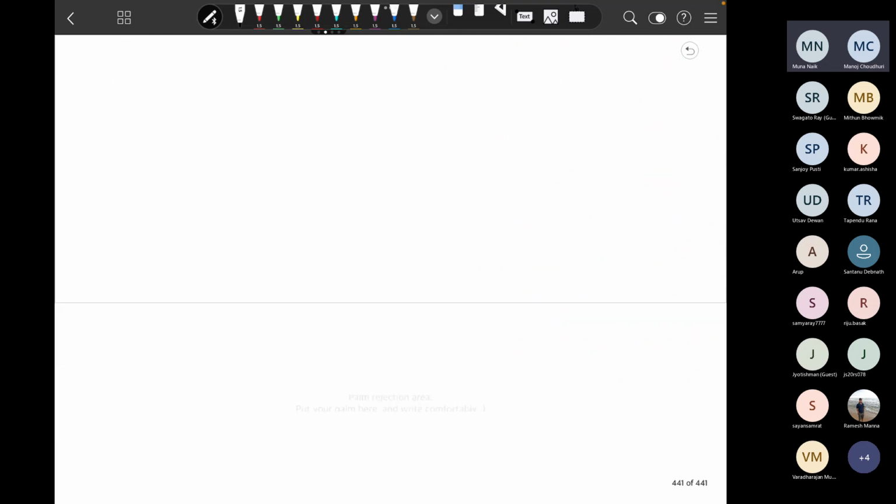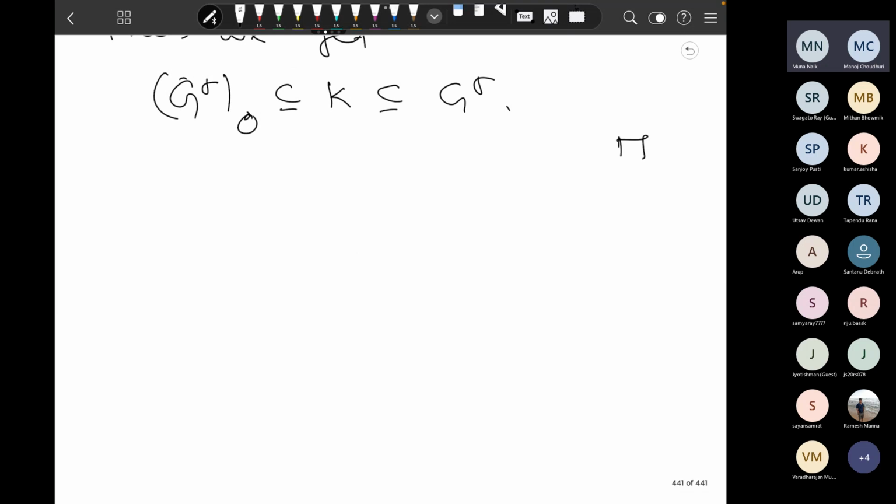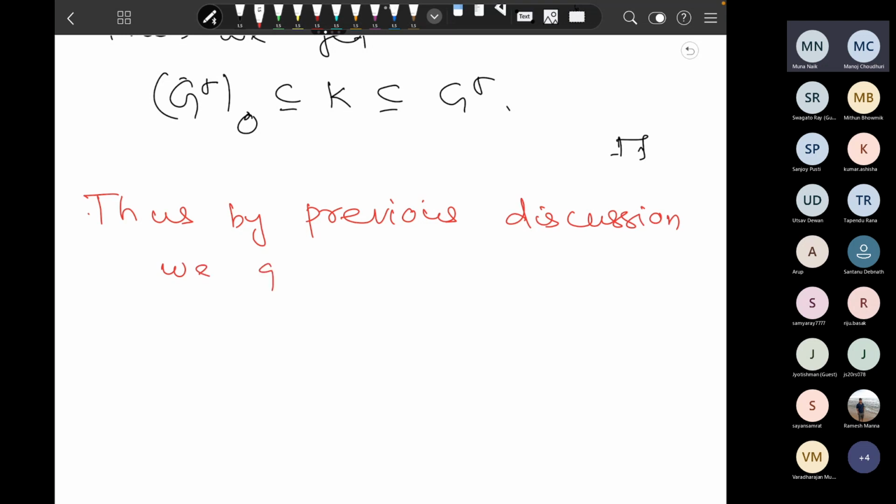Okay, so now let us write everything in a theorem. Thus by previous discussion, which I have already discussed, we get the following theorem.